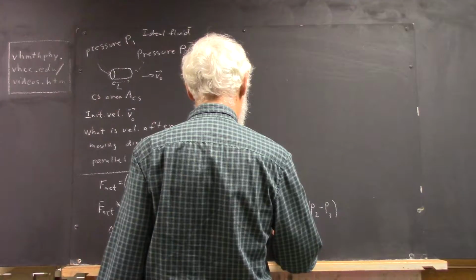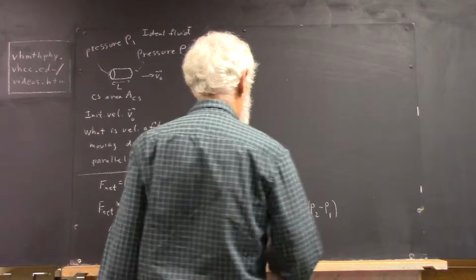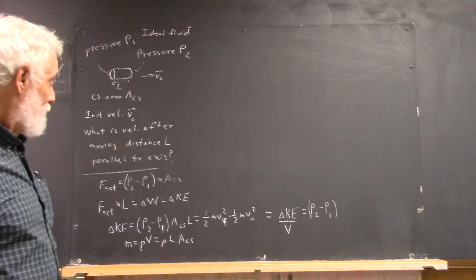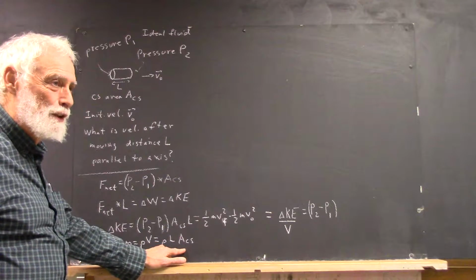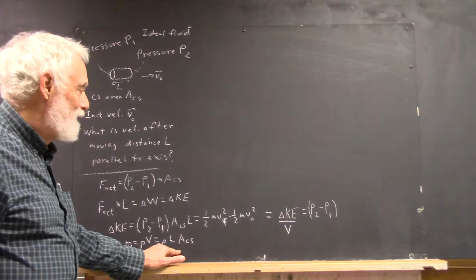Okay, so that's actually volume then, isn't it? What's L times ACS? Cross-sectional area times the altitude. Right. Okay, it's the volume.